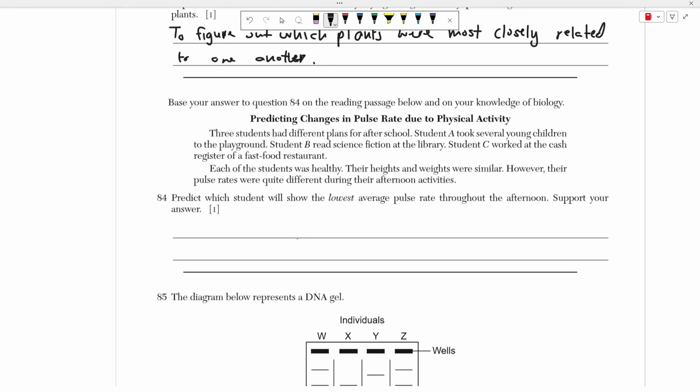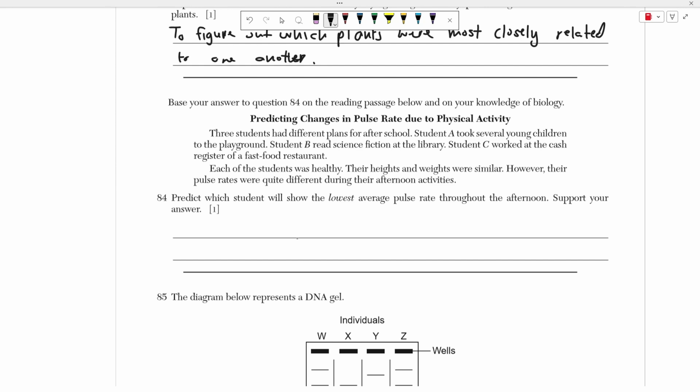Your pulse is how fast your heart beats within a given amount of time. Your heart beats so that it can pump blood with oxygen in it to the rest of your body, which helps you move around, right? You need oxygen in order to do any sort of physical activity. That's why if you run around for a very long time, you have a high pulse or high heart rate, because your heart is working extra hard to supply all of your muscles.